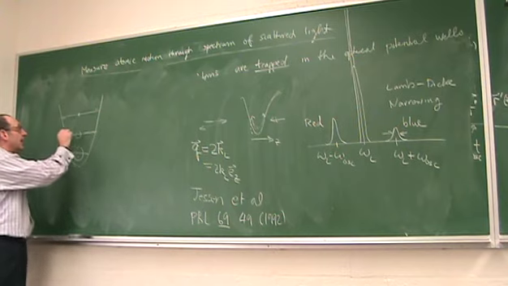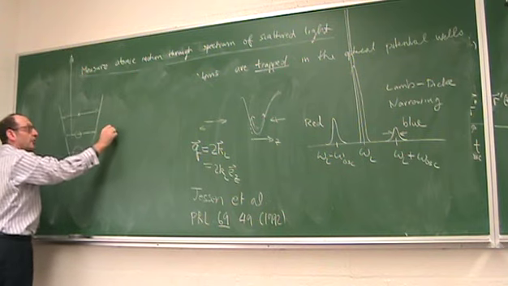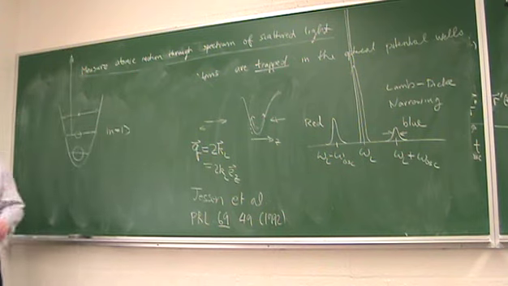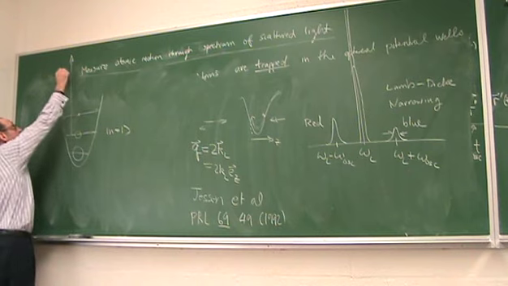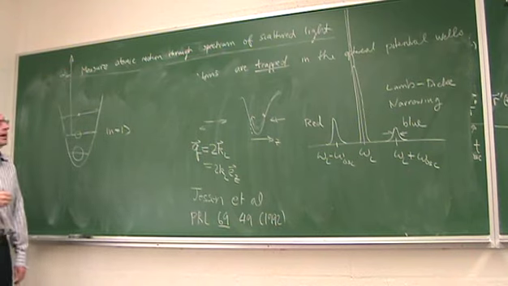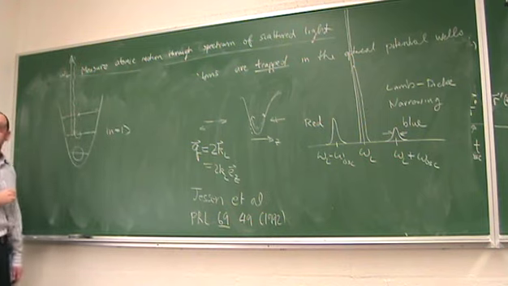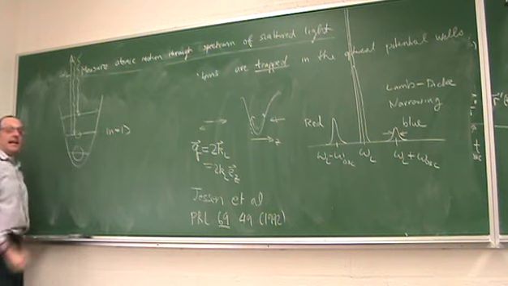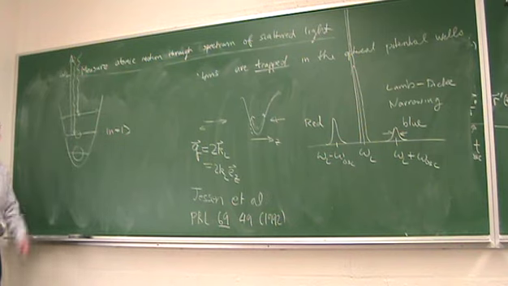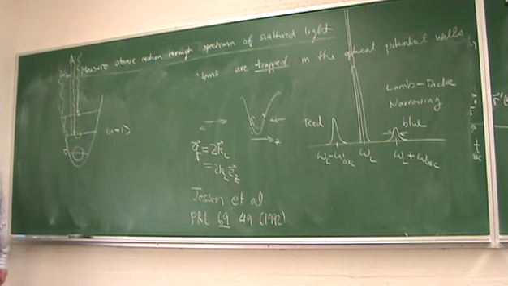In doing so, it absorbs, say it started in this particular n equals 1 vibrational level of the lattice, or of the potential. So it absorbs, goes up to the excited state, and then it comes back down. It can come back down to the level it started at. It might come down and heat up, go up a level, or it might come down and cool down.